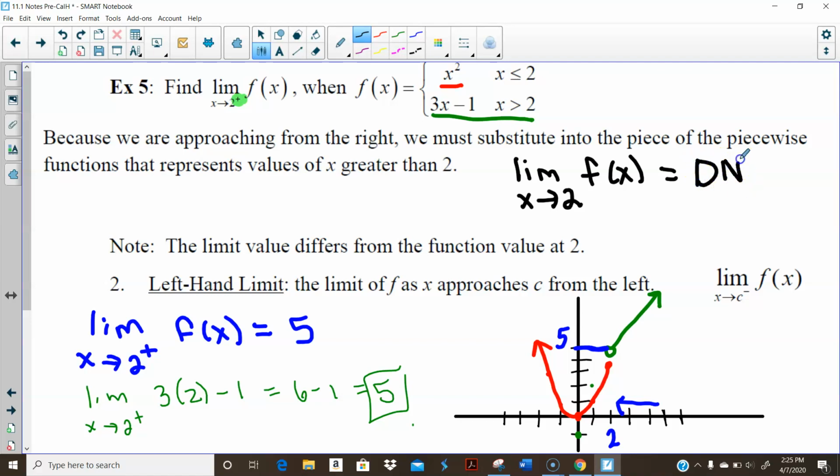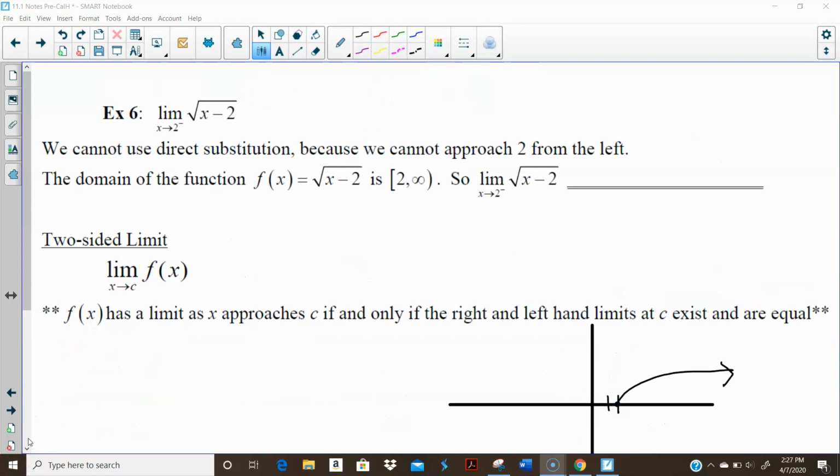Does not exist. Because from the left side, the limit would be 4, and from the right side, the limit is 5. And you have to approach the same value from the left and the right side in order for the limit to exist.